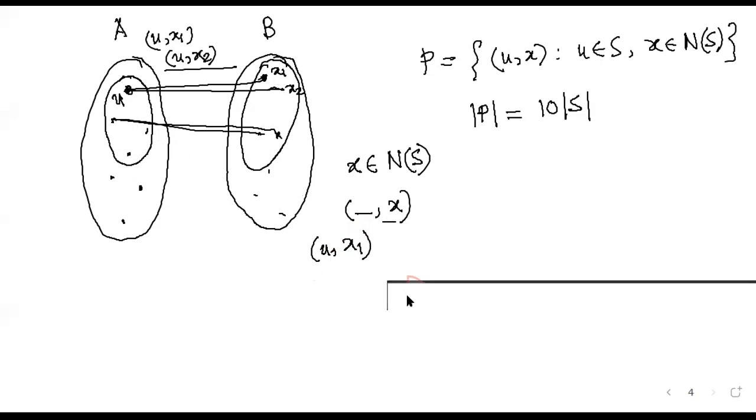So there are at most 10 elements in P which have x as the second entry. Notice all the edges that are connected to x.